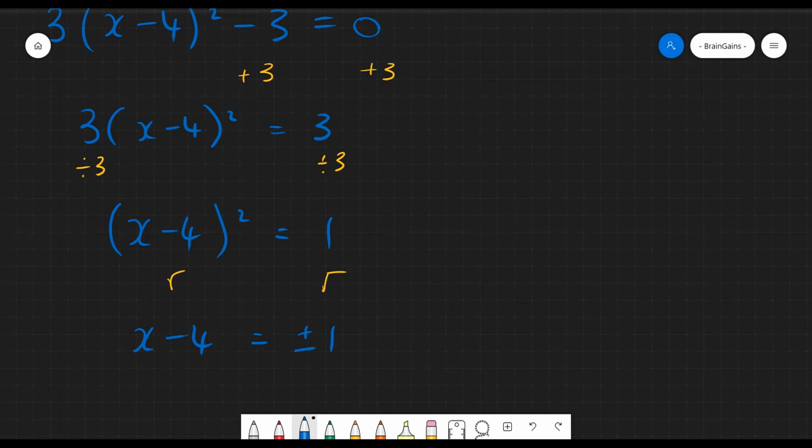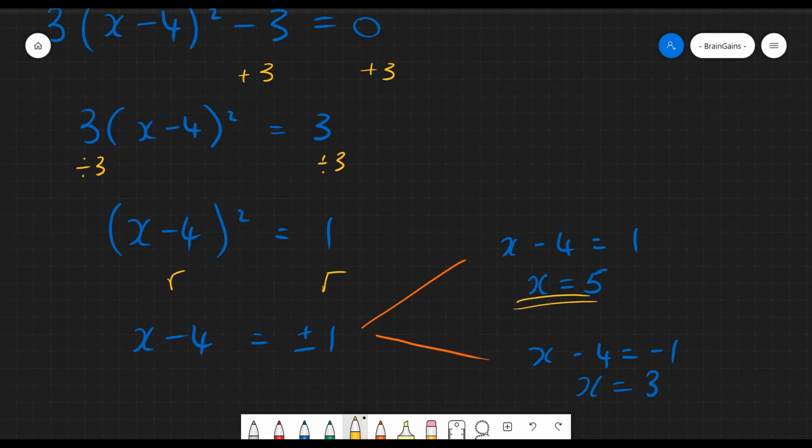So we would actually have two equations: x minus 4 equals 1 and x minus 4 equals minus 1. So to solve both equations separately, we find that x is equal to 5 and x is equal to 3. And those are our answers.